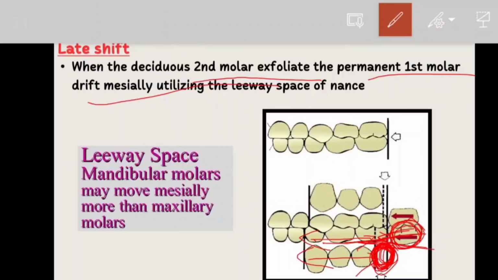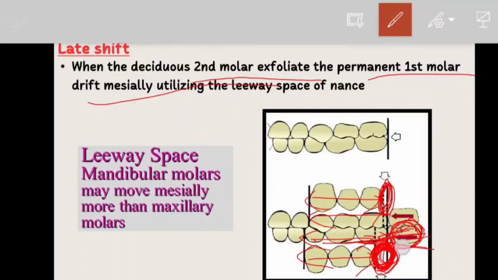The mandible has more leeway space as compared to the maxilla. In the maxilla as well there is a difference between the primary canine and molars and the permanent canine and premolars, so this space is present, but it is less in the maxilla as compared to the mandible.